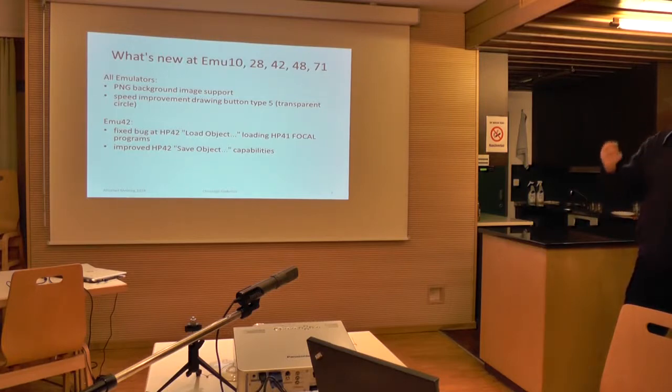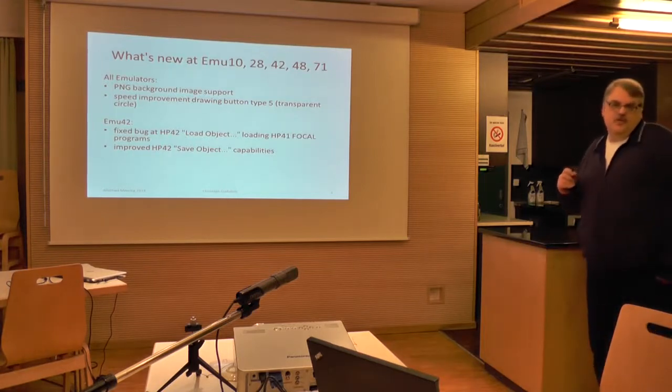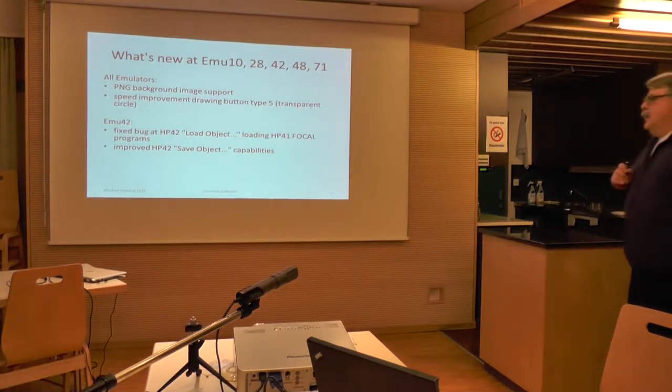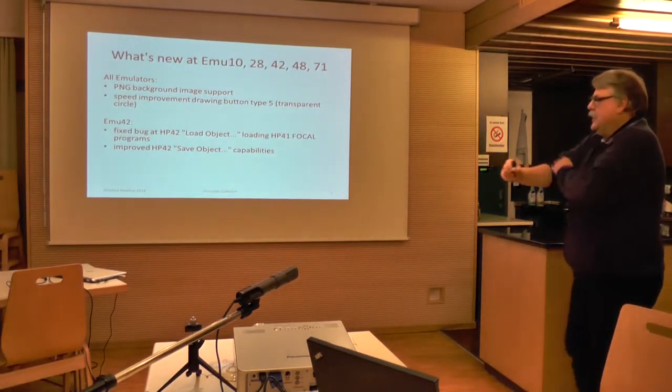The calculator recalculates the offsets, making the new offset or using the new entries. And on the second run, it has the calculated offsets and then runs faster for the second or third time. That's really only important when you do benchmarks. So let it run the first time to recalculate the offsets, and the second time you have the offsets, and then you could do benchmarks. Save object capabilities.